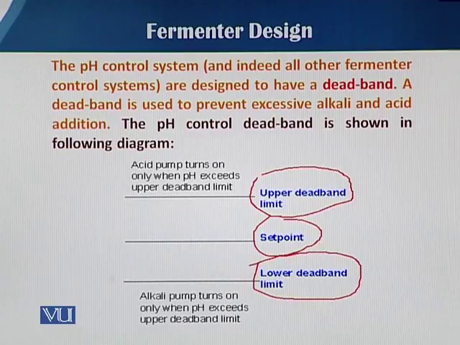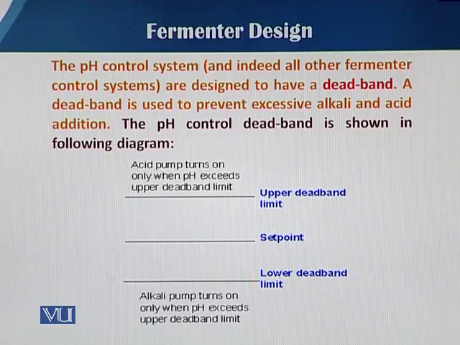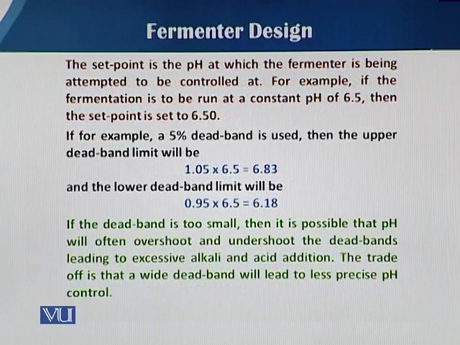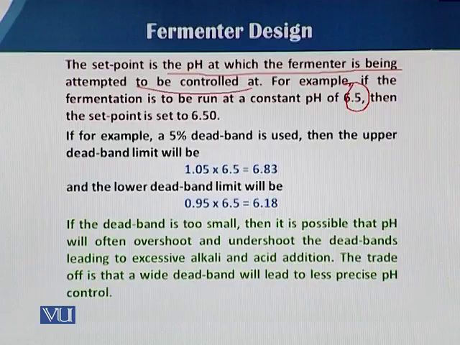So how can we place the upper band and the lower band? In a later slide you can see how we can decide the upper band and the lower band with respect to the set point. The set point is actually the pH at which the fermenter is being attempted to be controlled. In this example, if the fermentation is to be run at 6.5 pH, then the set point is 6.5, and we want to set a 5% dead band.